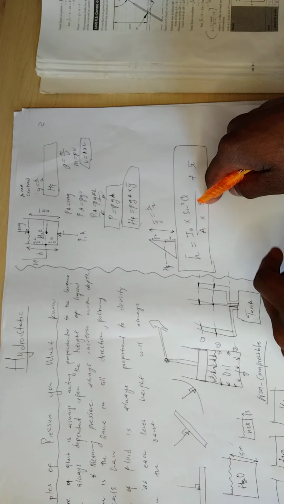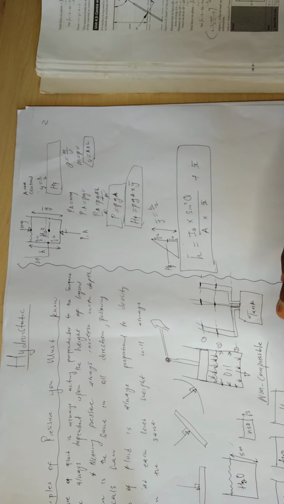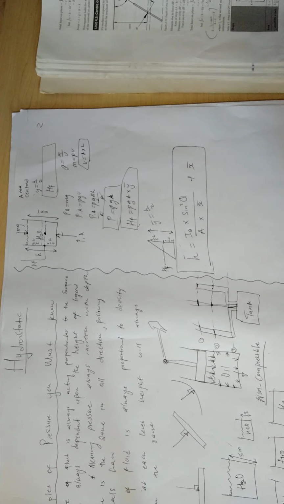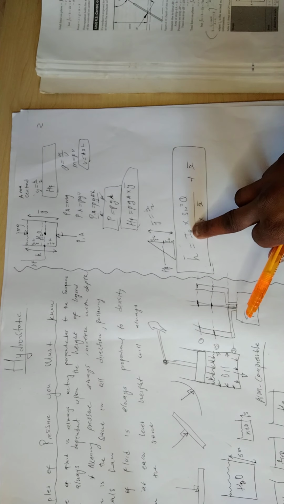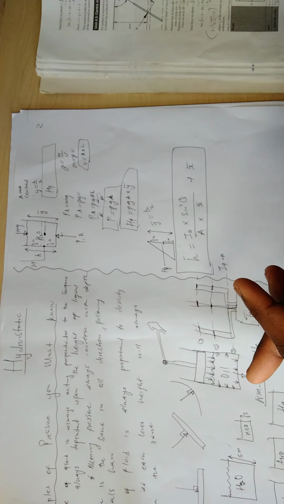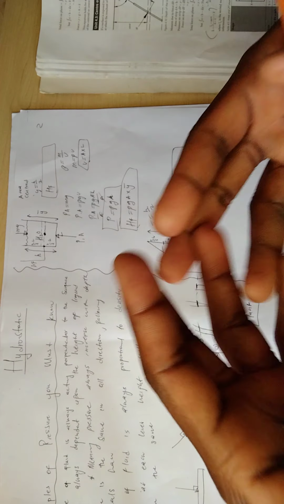Sometimes they will want you to find this, especially when you're going for the inclines and when you're going to do the curves, which we're going to do. So they will want you to find the position. If we look here, we have something called IG. This is the second moment of inertia, or the second moment of area. It comes with different types of shapes, so you need to apply it according to the shape you have.